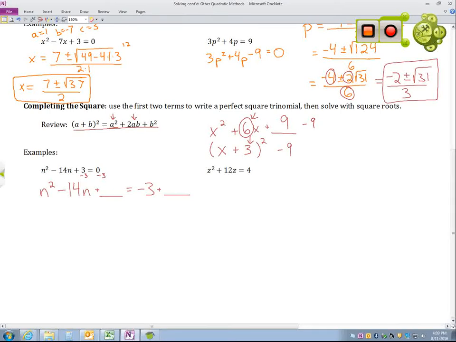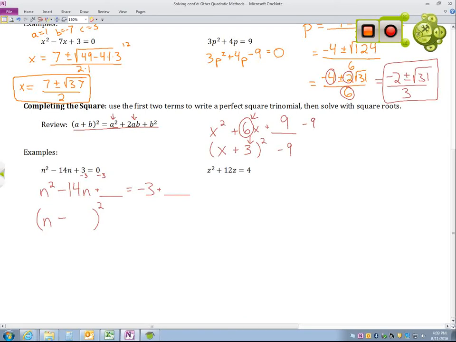Okay? So now I'm looking at the n squared minus 14n. Okay? And I want to write that as a perfect square trinomial. So n squared minus 14n plus something is going to become, and I know I need an n here, okay? It's going to be subtraction because the 14 is negative.